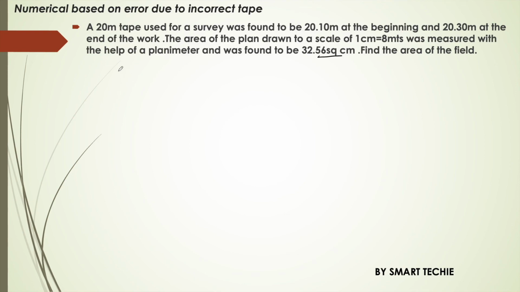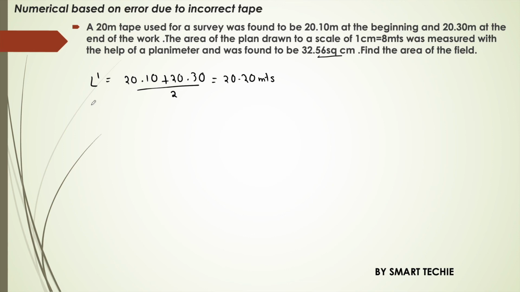So what we'll do first is find L dash, that is the average length of the tape, which is nothing but 20.10 plus 20.30, divided by 2. So L dash is 20.20 meters.